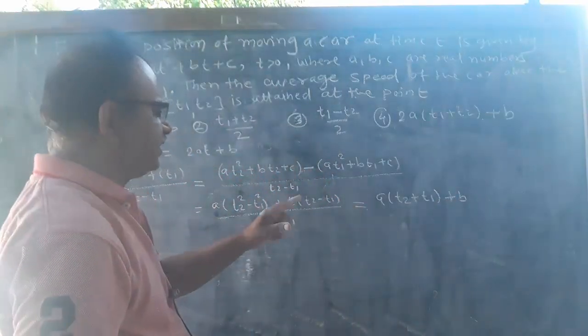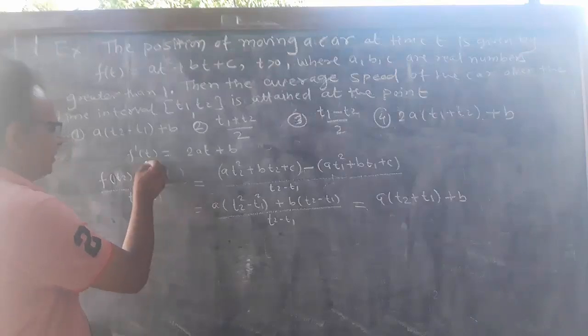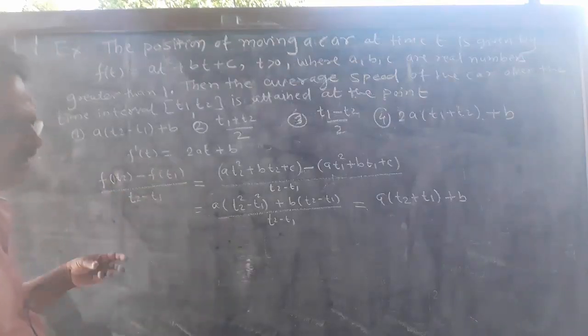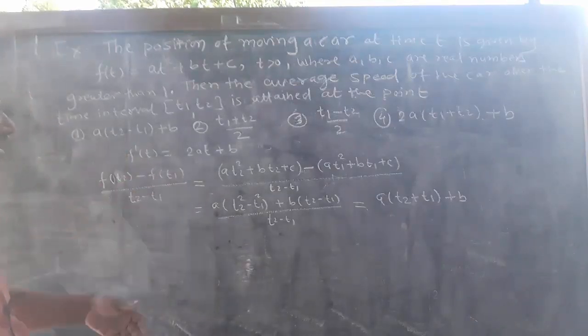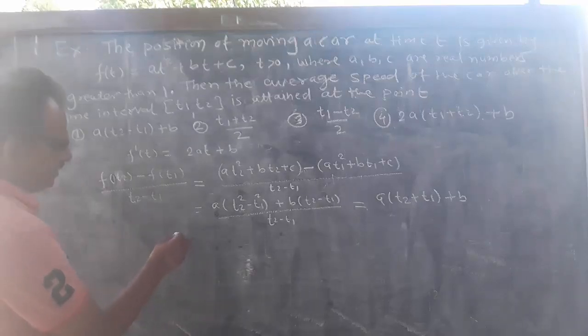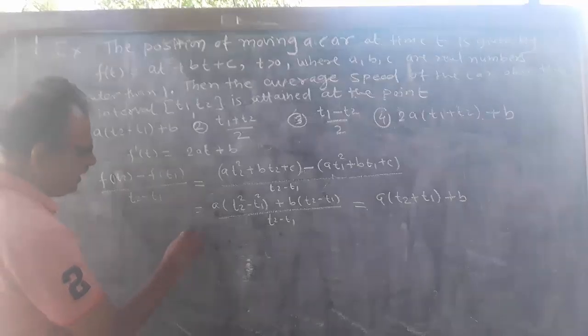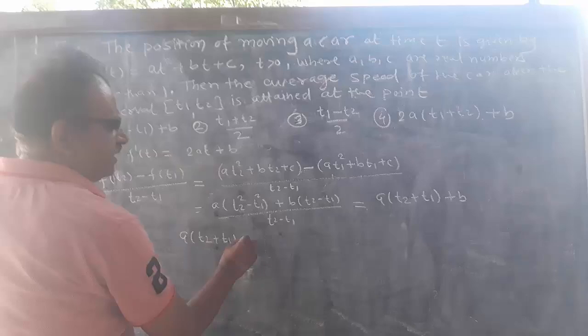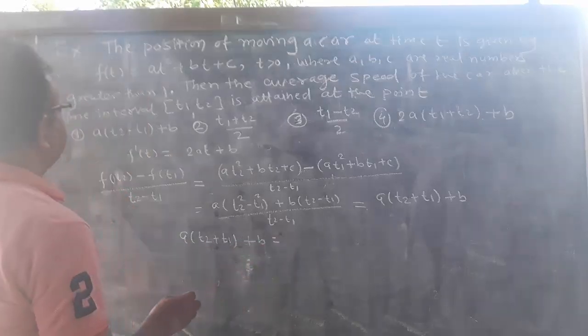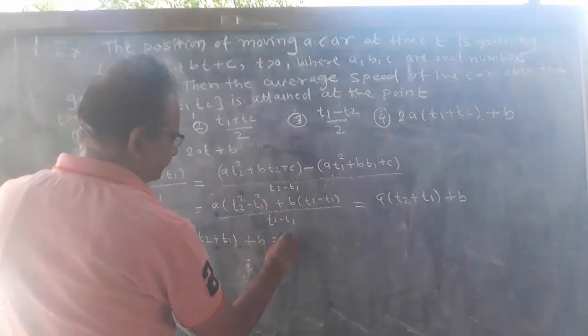This term is equivalent to f dash t. If you take the limit of this, you will get f dash t. Therefore, this value must be equal to f dash t. So a into t2 plus t1 plus b equals, what is given, 2at plus b.